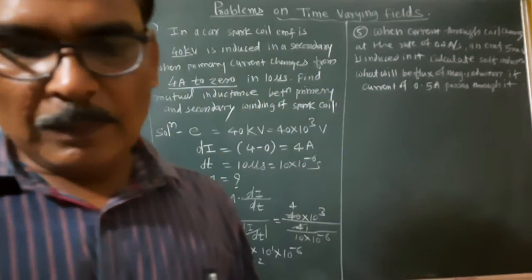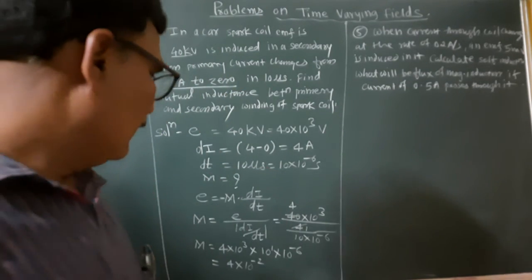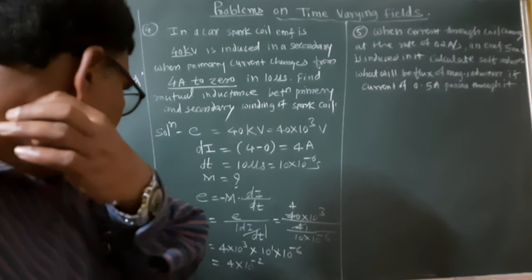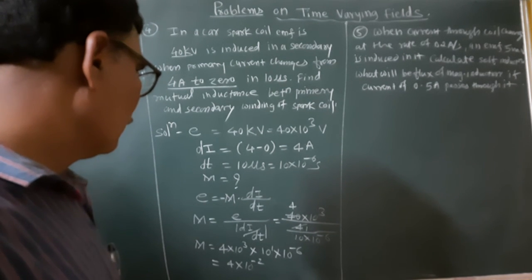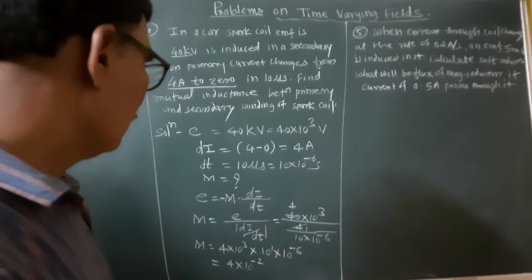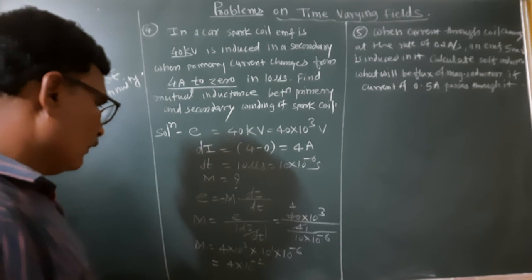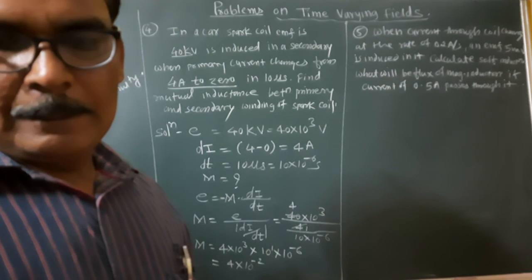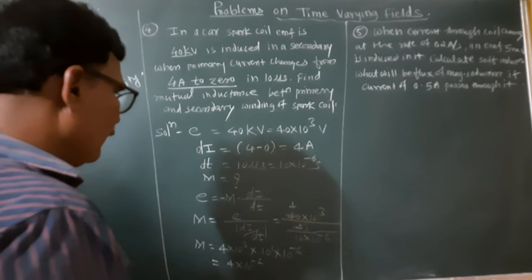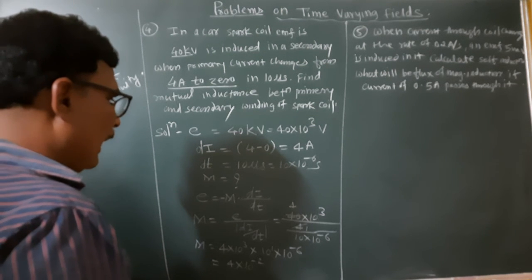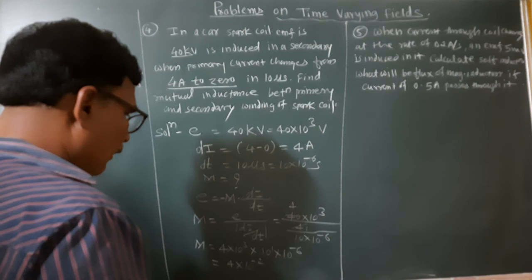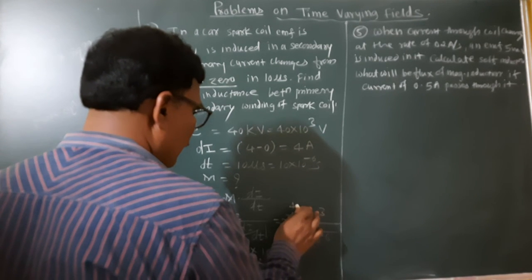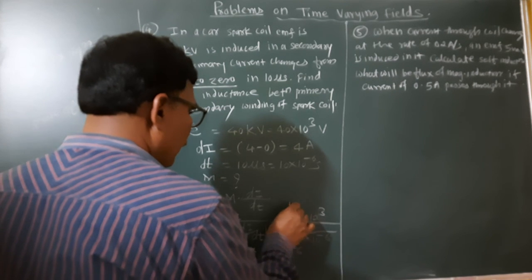Sorry, let me redo this. 4 ones are 4, that is 40 as it is, and 10 to the power minus 6 here.